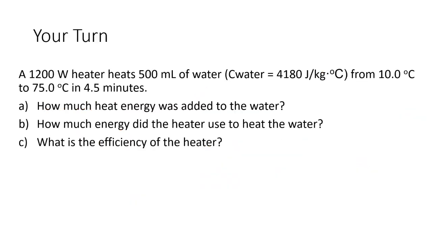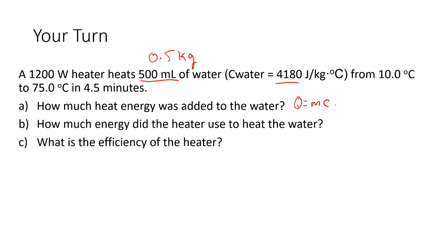Can you give this one a try? A 1200 watt heater heats 500 mL of water. 500 mL of water will be half a kilogram. Your specific heat capacity for water is 4180. It heats the water from 10 to 75 degrees in 4.5 minutes. Part A: how much heat energy was added to the water?